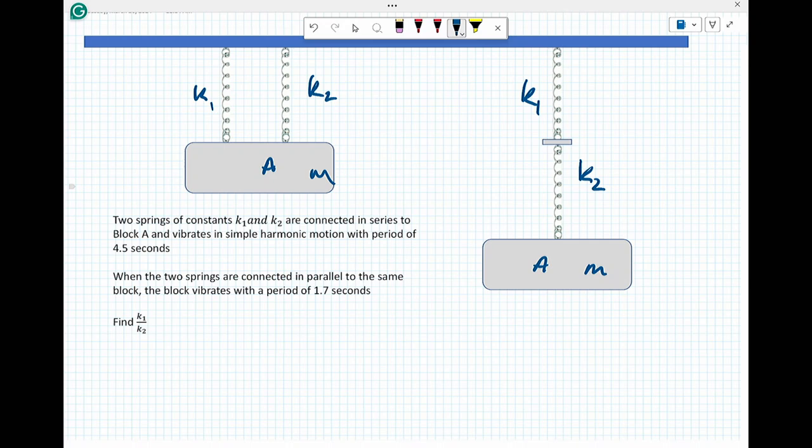When the two springs are connected in parallel to the same block, the block vibrates with a period of 1.7 seconds. So here they have a period of 4.5 seconds, and here they have a period of 1.7 seconds. So tau in series, 1.7 seconds, tau in parallel, 4.5 seconds.